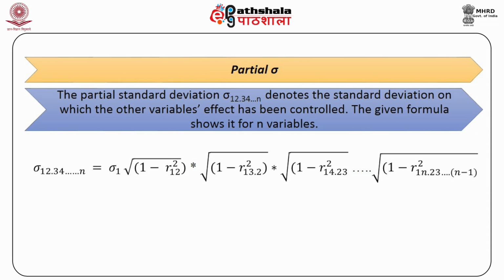Sigma 1.234 till n is equal to sigma 1 multiplied with square root of 1 minus r square 12, into square root of 1 minus r square 13.2, into square root of 1 minus r square 14.23, and this goes on till the last variable, that is square root of 1 minus r square 1n.23 till n minus 1.